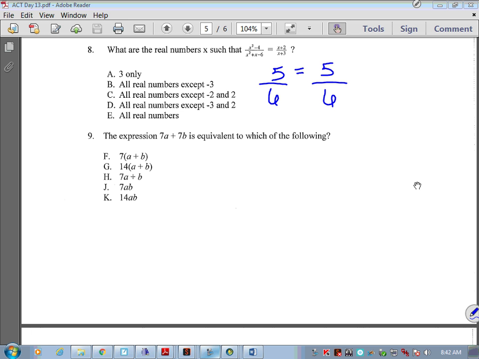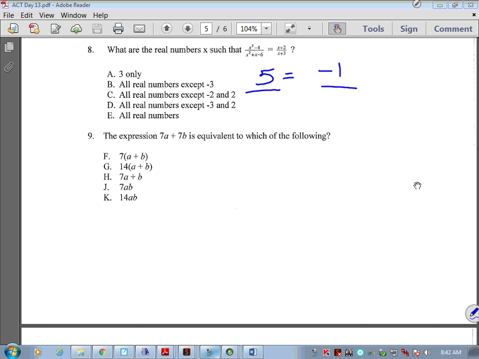Now, the others say except 4, so we could try these other numbers. Negative 3 squared is still going to be 9, and 9 minus 4 is still 5. Negative 3 plus 2, though, is negative 1. That doesn't mean that this is wrong yet, but let's look. We've got negative 3 squared, which is 9, but now it's 9 minus 3 minus 6.